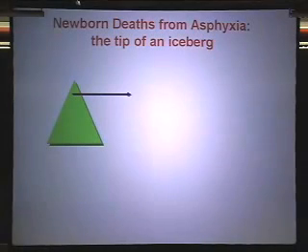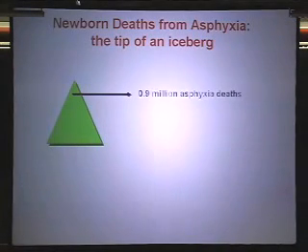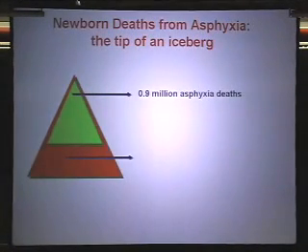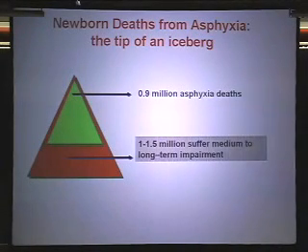If I were to draw from these numbers some extrapolations in the context of the globe, if we have about 0.9 million deaths due to asphyxia annually, we estimate that potentially, in terms of handicap until 5 years of age, they may not survive beyond 5, but they contribute to the burden of the problem in the health system. You're looking at about 1 to 1.5 million newborns left with some degree of handicap. This is a conservative estimate.